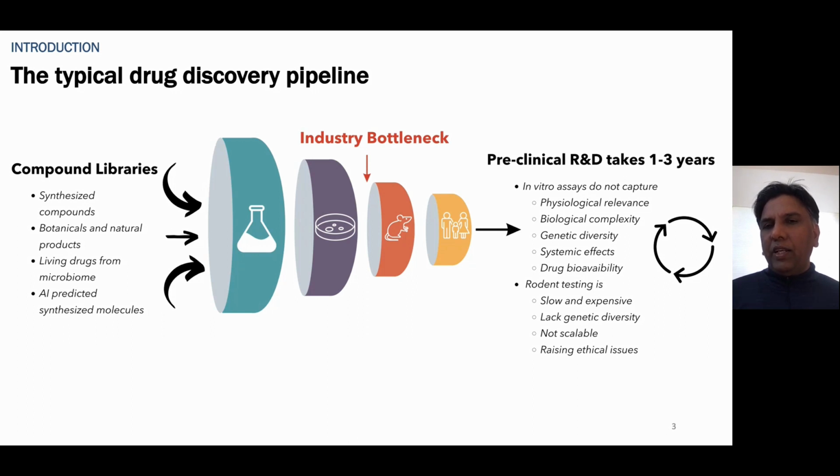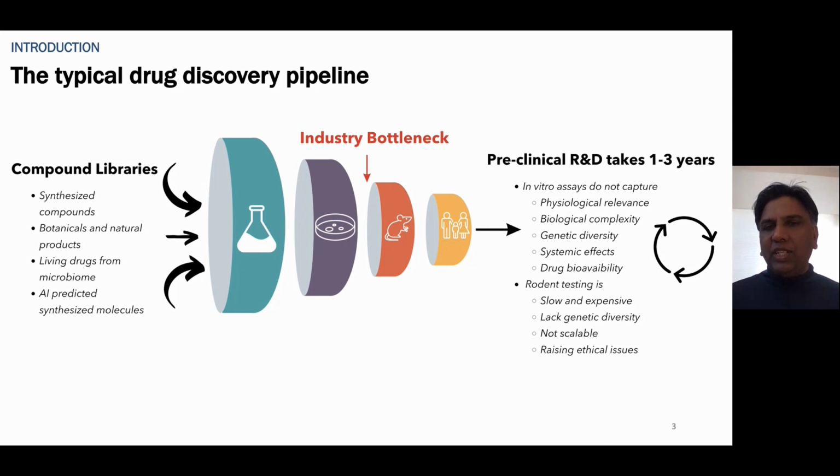Alternatively, if you want to do testing in rodents, the problem is that it's slow and expensive, and it's not really scalable because it's very expensive to do screening with hundreds of compounds. On top of it, there are also ethical concerns of doing animal testing. So these are some of the challenges which the drug industry is seeing, especially in the preclinical phase.